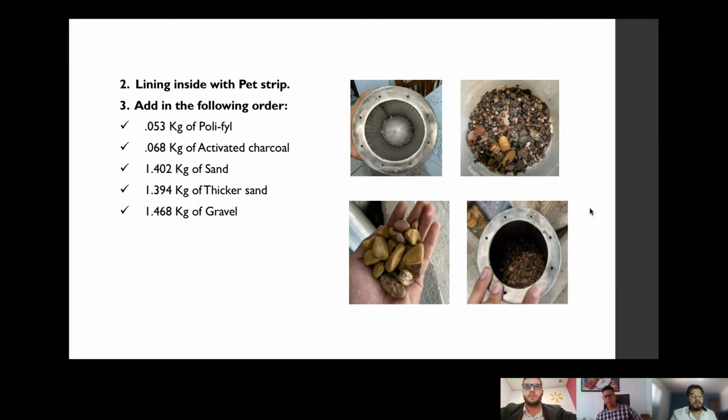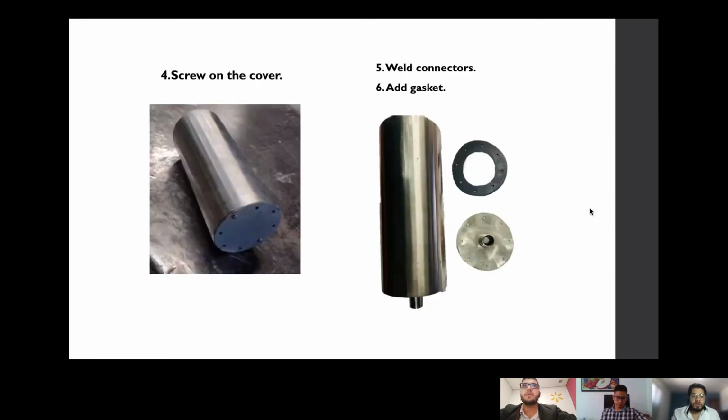Number 3, adding the following order to the assembly filter with next materials: polyfill, activated charcoal, sand, thick sand, and gravel. Before all, the last station, screw on the cover, weld the connectors, and add the gasket.